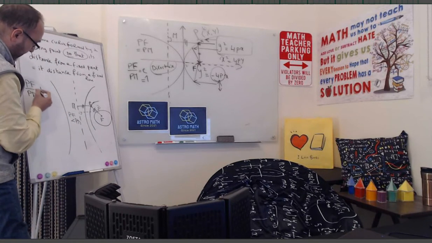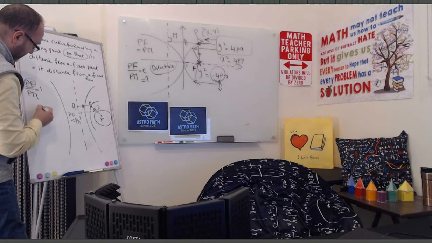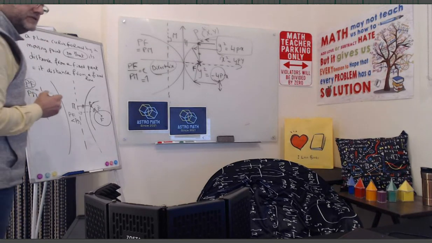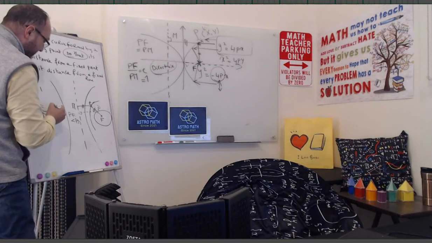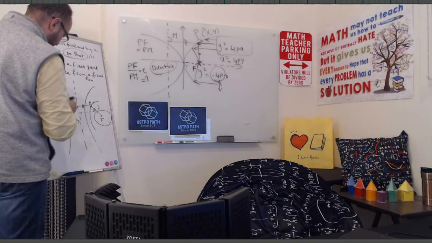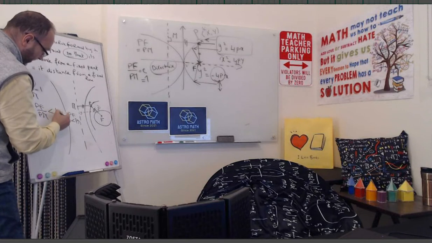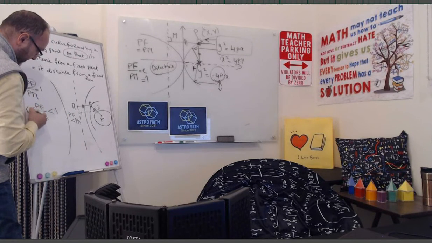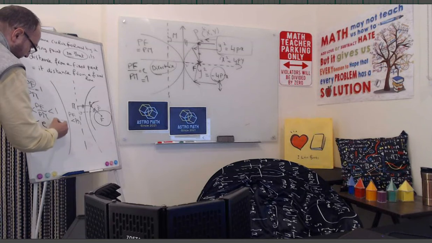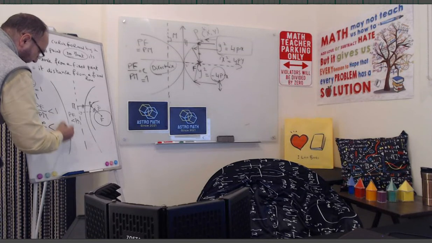Meaning the numerator is smaller than the denominator. Meaning PF over PM, which is your eccentricity, how much a shape deviates from being circular, is less than 1, but it's of course more than 0 because it's not a circle. And that's how the E of the ellipse falls between 0 and 1.